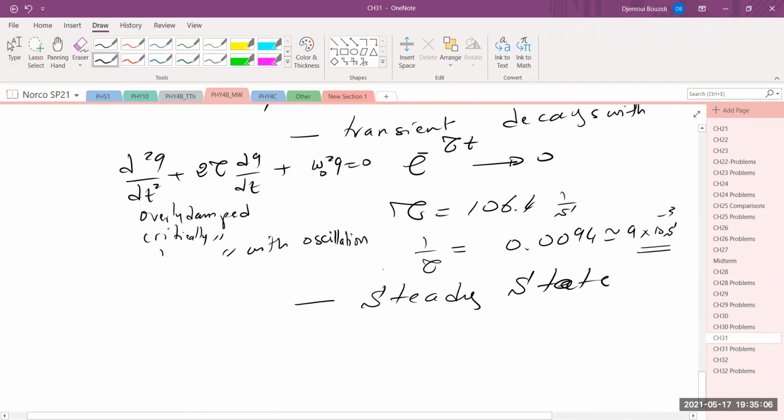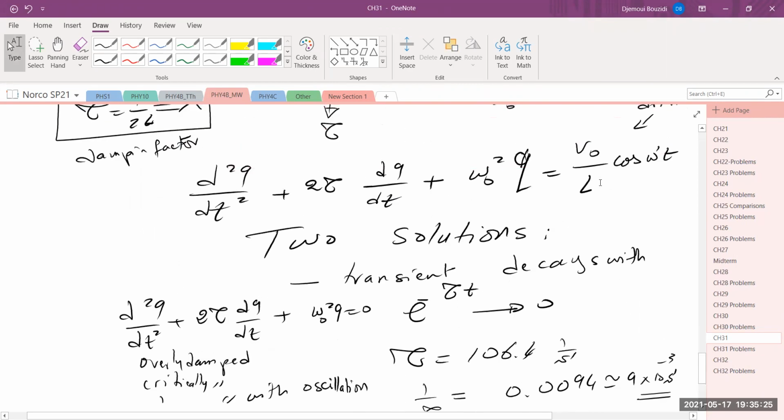In math books, they call it the special solution. How do you find it? By making an assumption. And that assumption is that Q is some Q naught times this cosine function, okay?